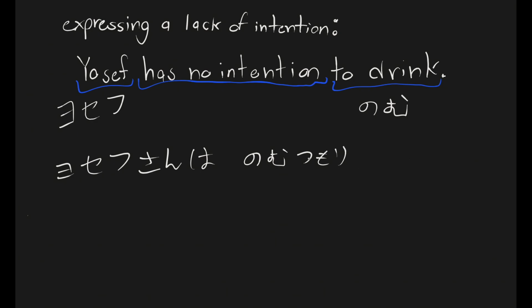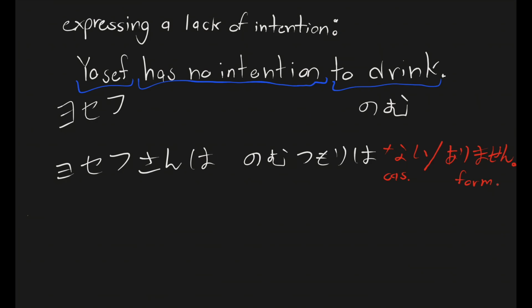And then what? Tsumori wa. And then you can pick two things, depending on if you're formal or casual. So, nomu tsumori wa nai, or nomu tsumori wa arimasen. Nai being the casual form, and arimasen being the formal form.